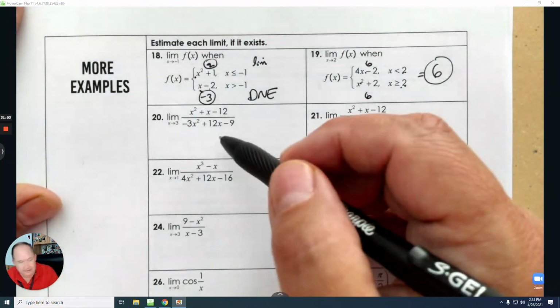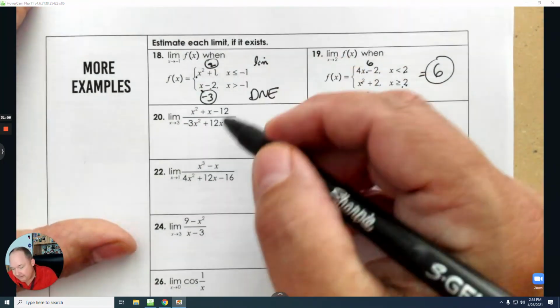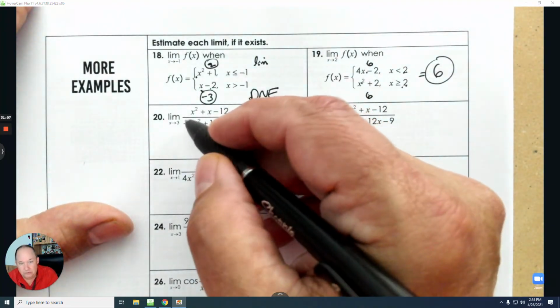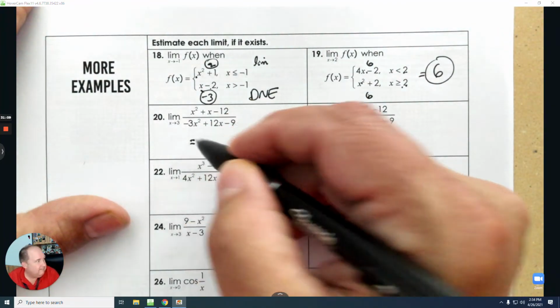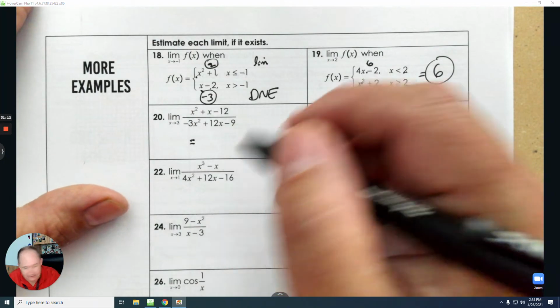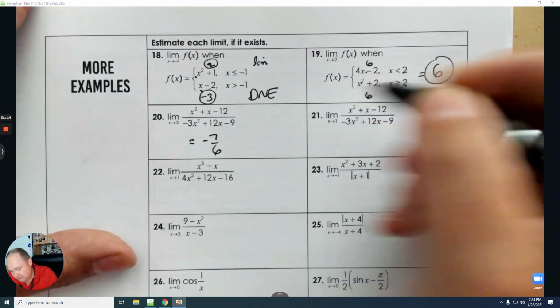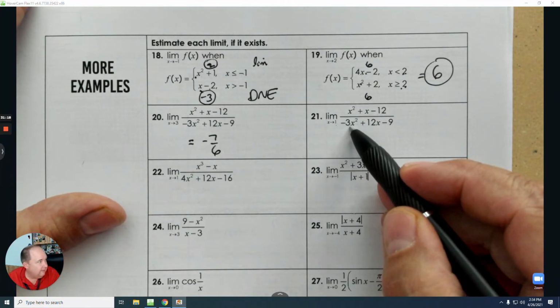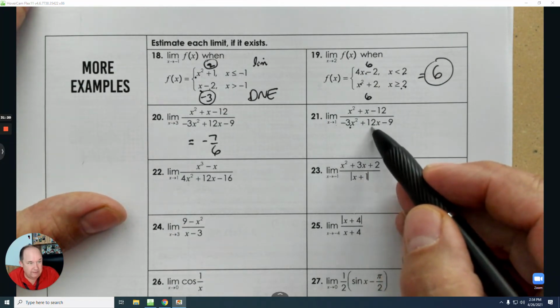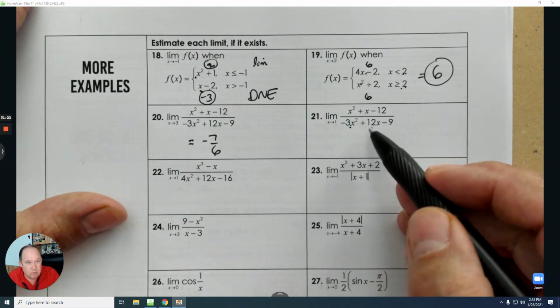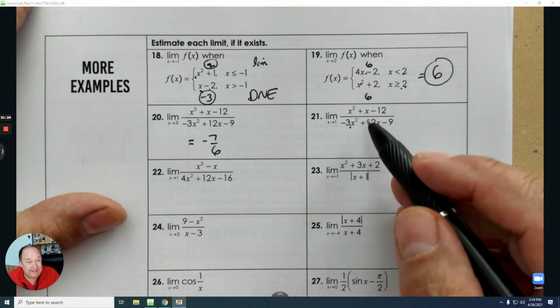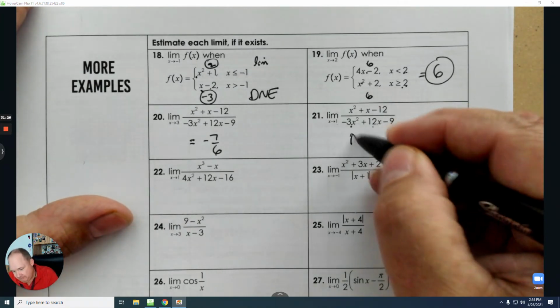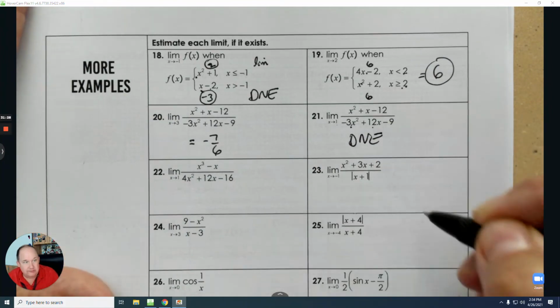For number 20, if I substitute in, it's continuous, so all you do is substitute in 3, and the answer is -7/6. For here at +1, it's 0, and it's an asymptote, so it does not exist.